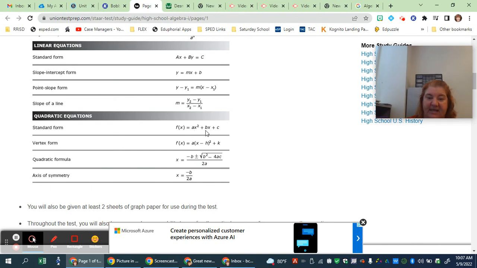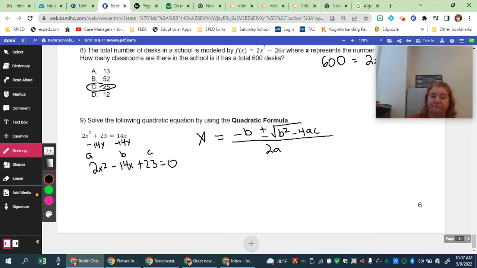A, B, C. It shows me what's my A, what's my B, and what's my C. Okay? So let's just identify them. A is 2. B is negative 14. And C is 23. Okay?